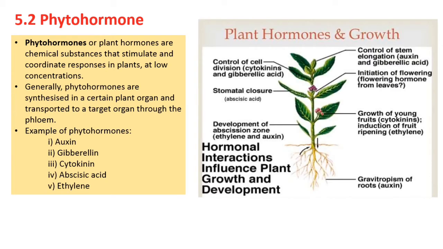So this is the overall picture of how hormonal interaction influences plant growth and development. You can see cytokinin and gibberellic acid control cell division, abscisic acid controls the stomata, ethylene and auxin control development of the abscission zone, auxin and gibberellin control stem elongation, cytokinin controls growth of young fruit, ethylene controls ripening of fruit, and last one is auxin, phototropism.